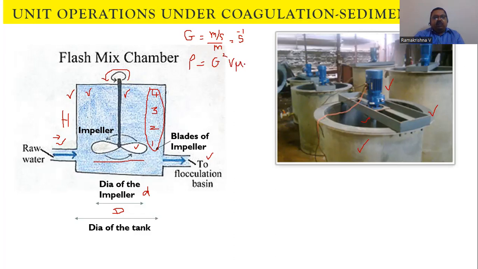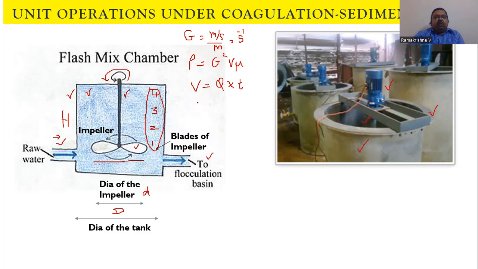So mu is the absolute viscosity, G is what we have discussed here, V is the volume of the tank, and the volume of the tank we will find out from the fundamentals of fluid mechanics, multiplying volumetric flow rate with the contact time in the tank. The contact time will be around 20 to 60 seconds, and within that we will assume and then calculate the volume, right?